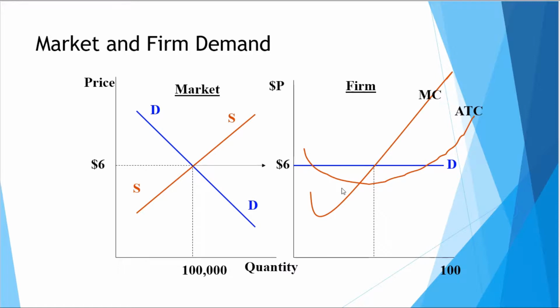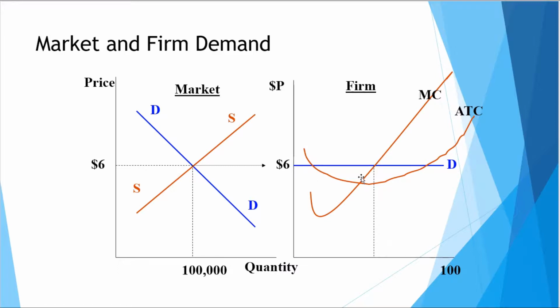Now, what about an individual firm that is operating in this perfectly competitive market? The price, as I said, is set by the market. So D, which is the price line, which is $6, is set by the market, and these are their cost curves.